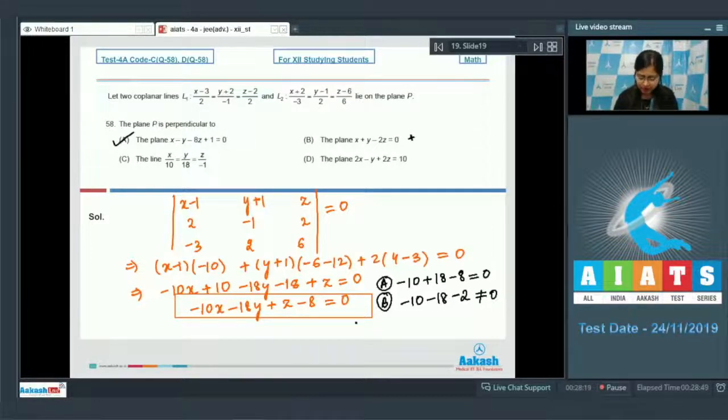So not perpendicular. Option number C, the plane will be perpendicular to this line if direction ratios of the line are parallel to the direction ratios of the normal vector of the plane. So minus 10, minus 18, 1 and 10, 18, minus 1, they surely are proportional.